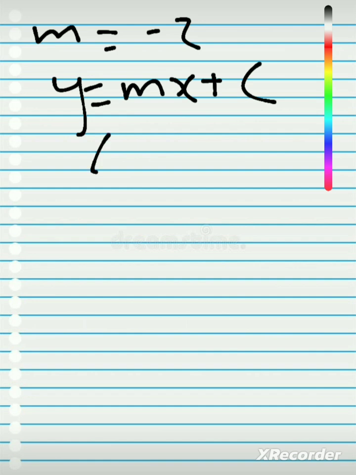So we have m as negative 2. The standard equation of a straight line is y is equal to mx plus c. And the point where this perpendicular line passes is (-4, 1). Okay, so this is x, this is y. Therefore this will come here and this will come here.